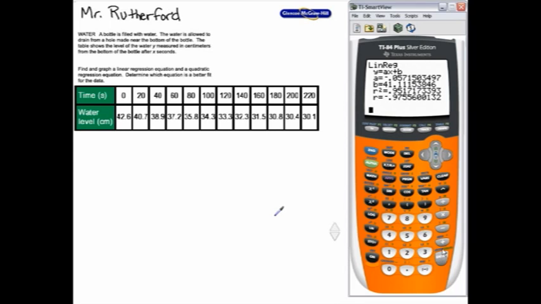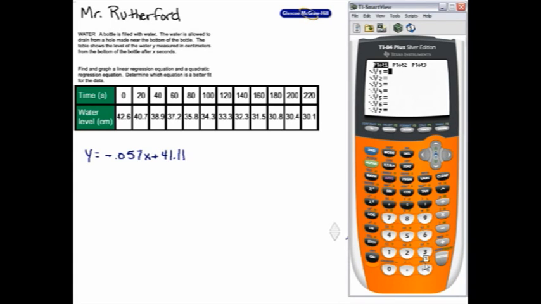And what this gives us is the A and the B, and so we'll need to write this down. So we have y equals negative 0.057, we'll round that, x plus 41.11.